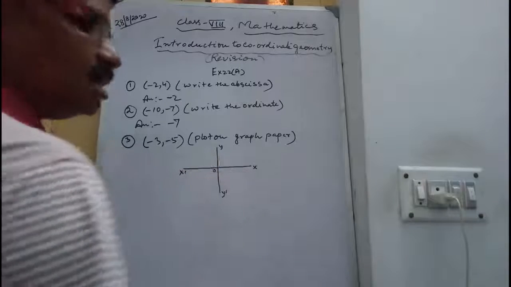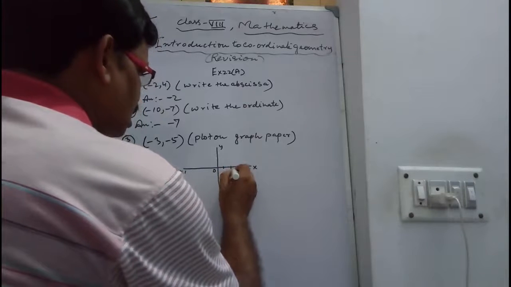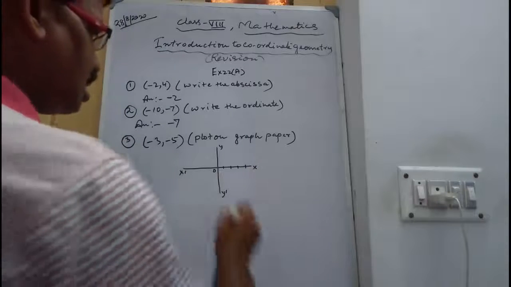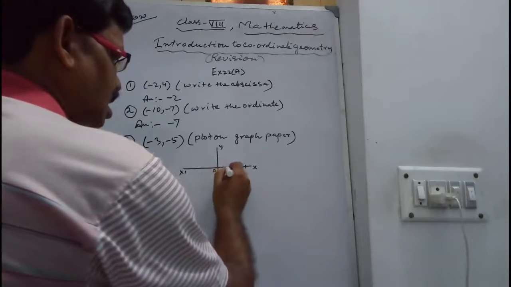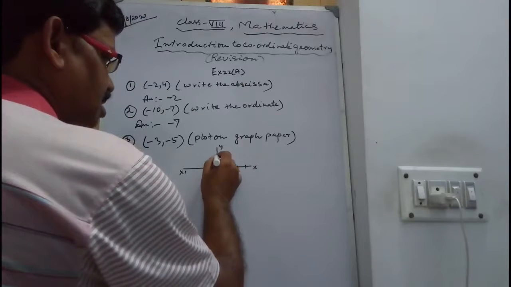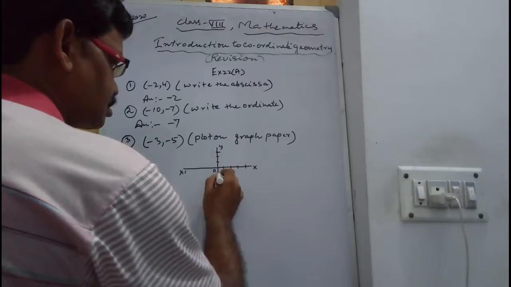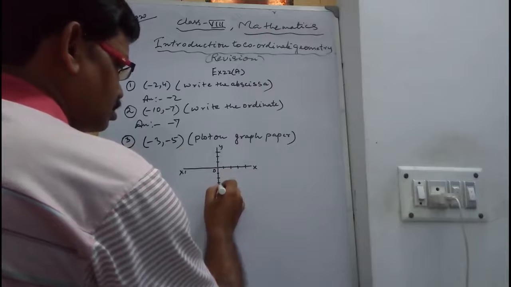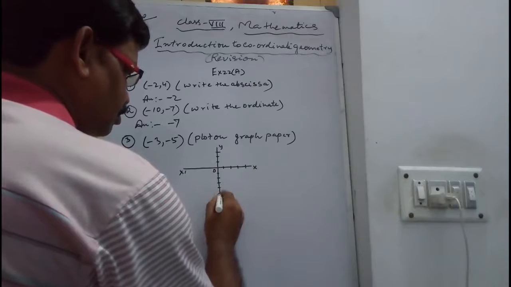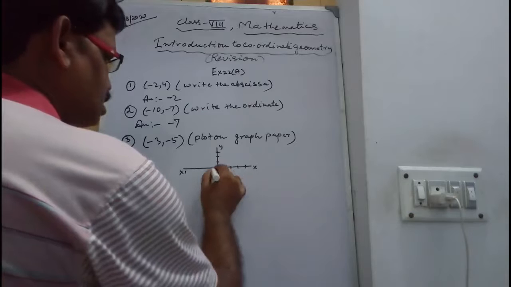After that, with the help of scale, you take equal distance and measure that point. Whatever distance you take between these 2 points, take the same distance on graph paper. Here also same.